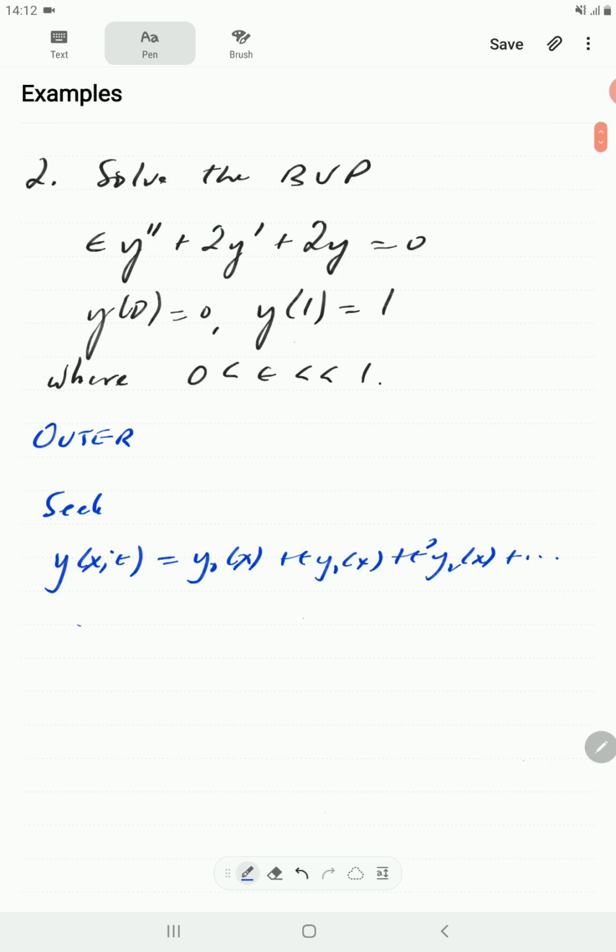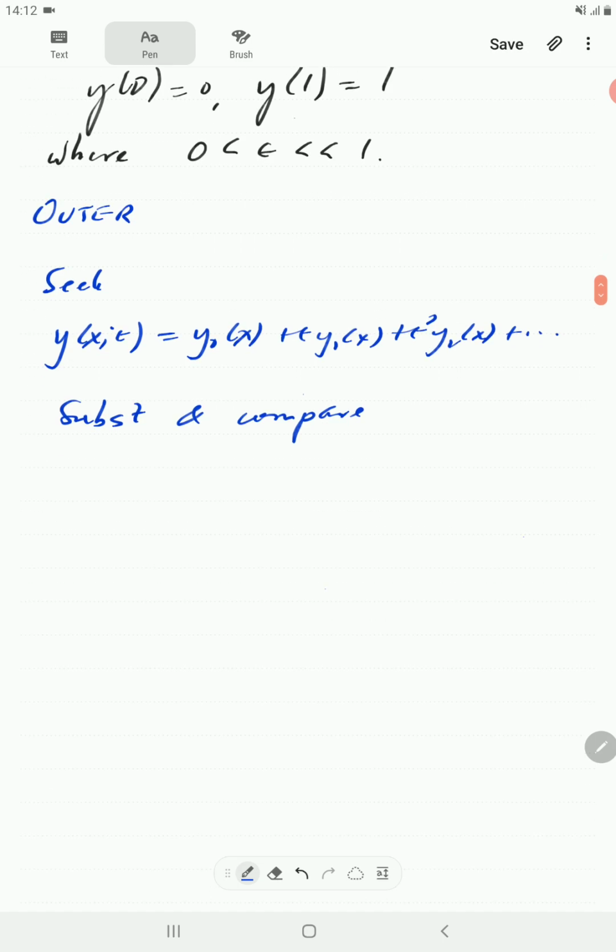Then if we substitute and compare coefficients of powers of epsilon at order 1, we're going to have your reduced equation. The solution of this was y naught equal to a e to the power negative x.